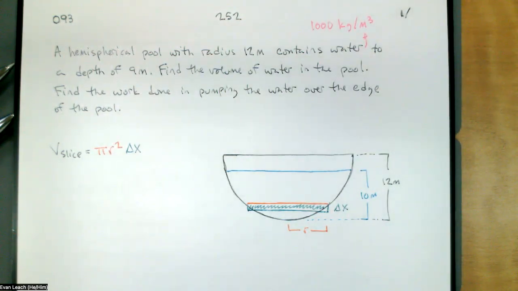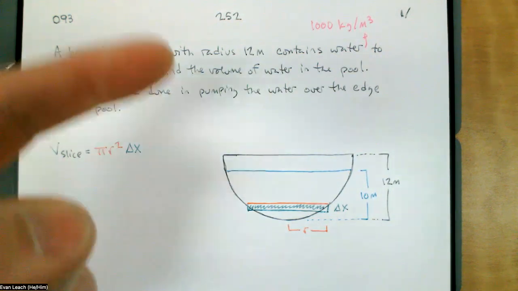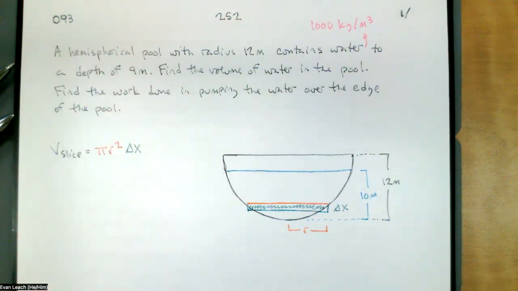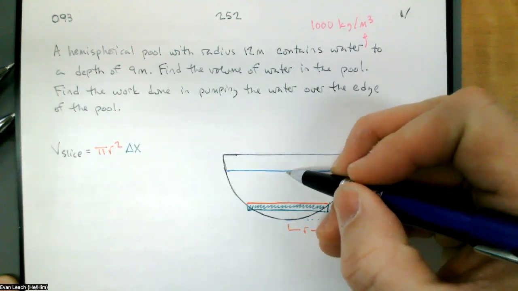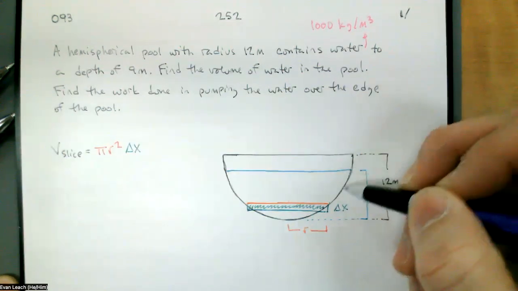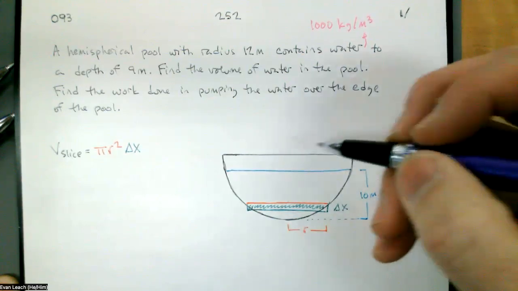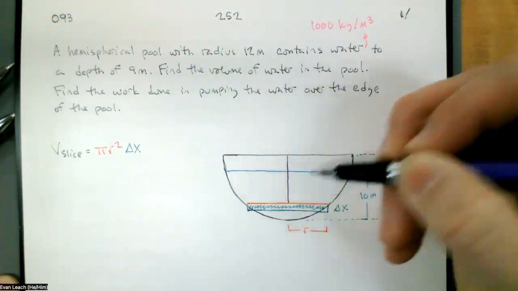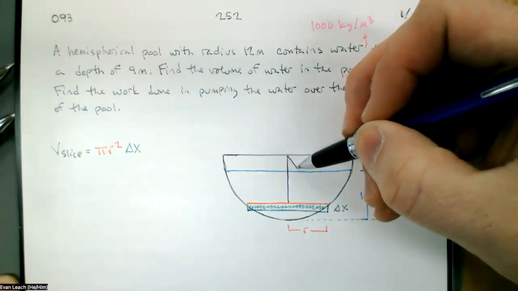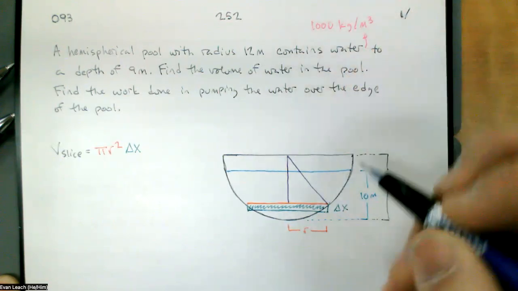We're going to do the same thing that we've done in the past. I'm going to use a right triangle to get a relationship between a variable going up and down and a variable going side to side. So my right triangle doesn't go from the surface of the water because that's not going to give us a consistent radius of 12. We have to go from the center of our hemispherical bowl to get a consistent radius of 12 meters.